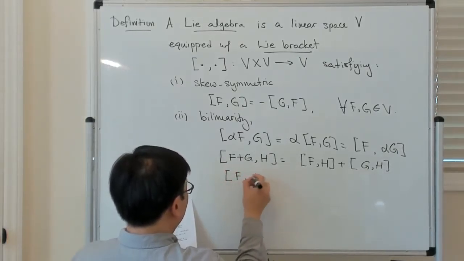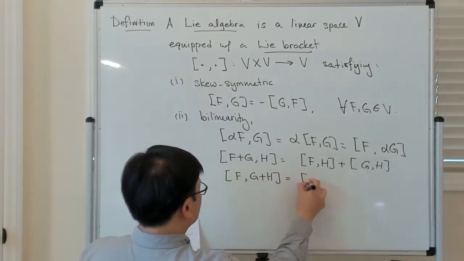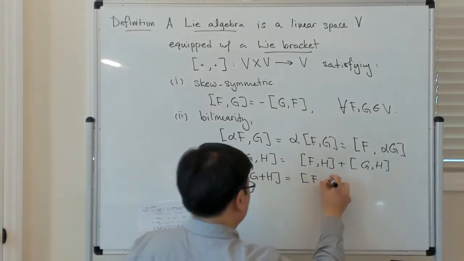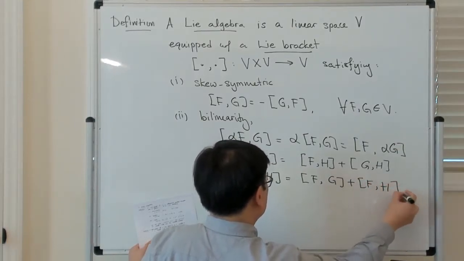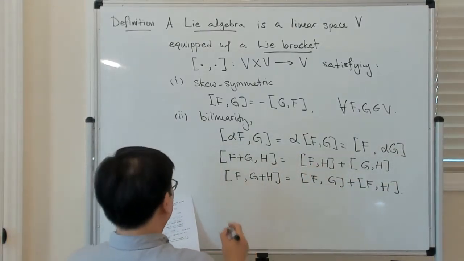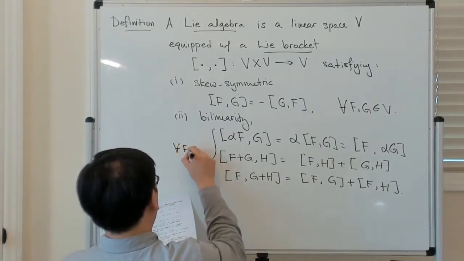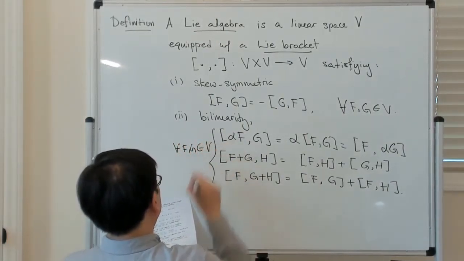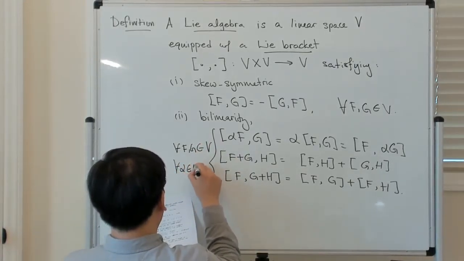So the bracket of f with g plus h has to distribute as well, equal to the bracket of f and g plus the bracket of f and h. And these conditions have to be true for all f and g in the vector space V and all alpha in the reals.